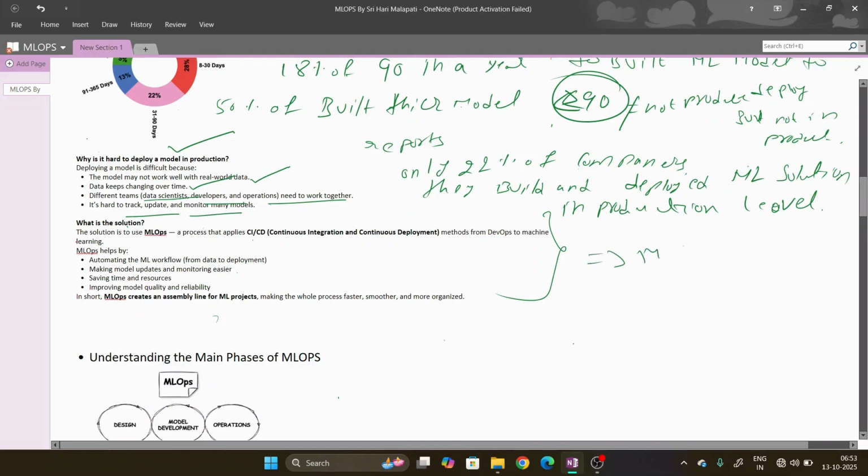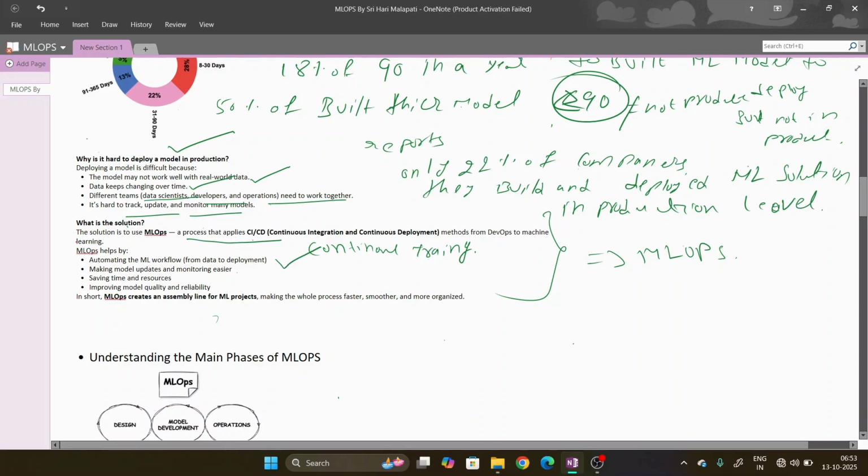That is MLOps. The solution is MLOps, the process of CI/CD, continuous integration and continuous deployment, along with continuous training, bringing methods from DevOps to machine learning solutions. Here, automating the ML workflows from data to deployment.